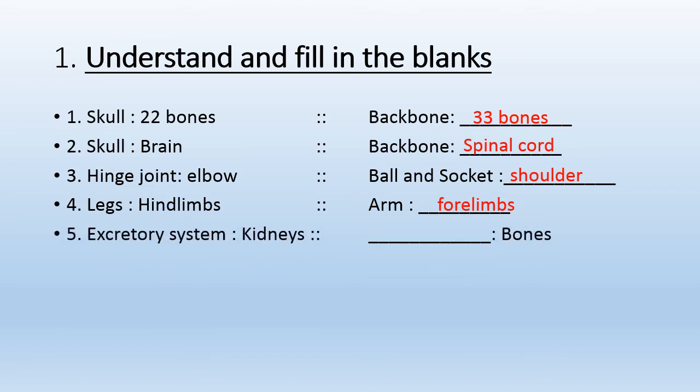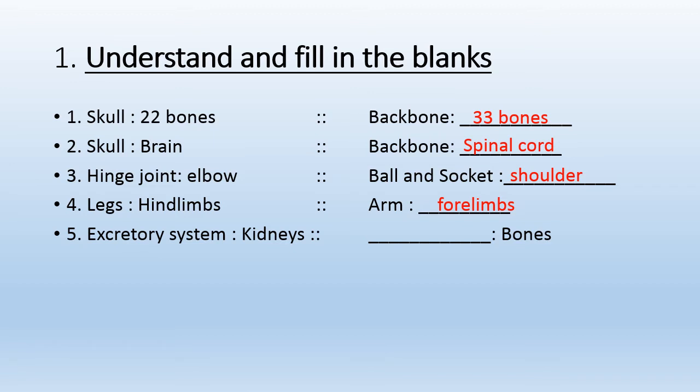Next is excretory system is to kidneys, so dash is to bones. Here we all know that excretory system is an organ system. What is the function of the excretory system? The function of the excretory system is to remove waste from the body, and kidney is the main organ of this system.